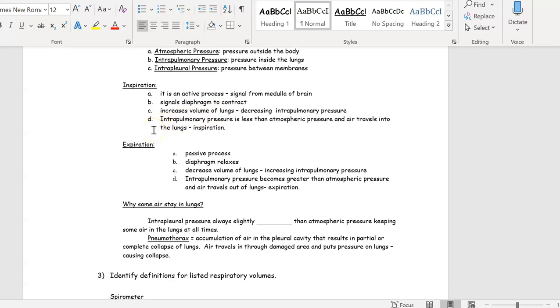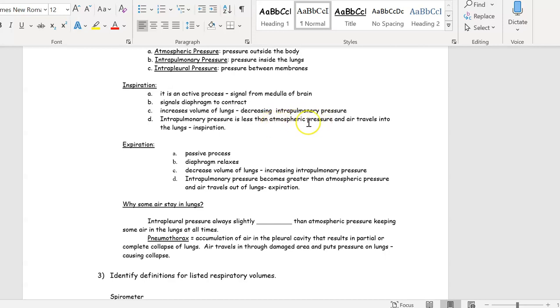Because we're increasing the volume, we are decreasing the intrapulmonary pressure. So we're expanding the lungs, increasing the volume, which decreases the intrapulmonary pressure. The intrapulmonary pressure becomes less than the atmospheric pressure, and air is going to travel into the lungs.